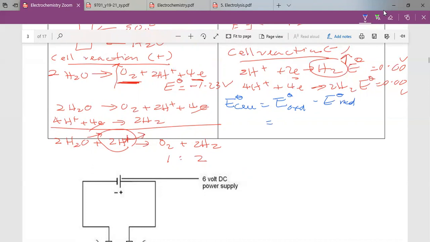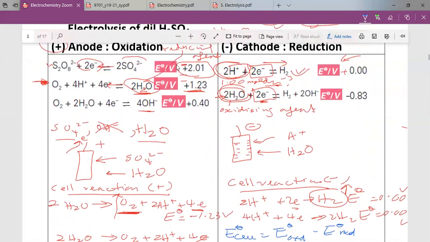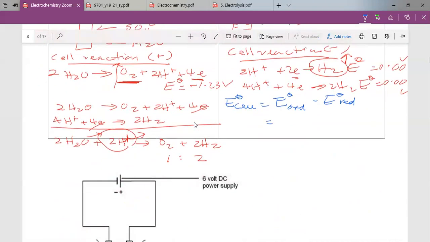Which is undergoing oxidation? Of course, your anode. So which is the one undergoing oxidation? Of course, this one here. What's the E naught? Quote the original one, plus 1.23. You always get a positive sign.